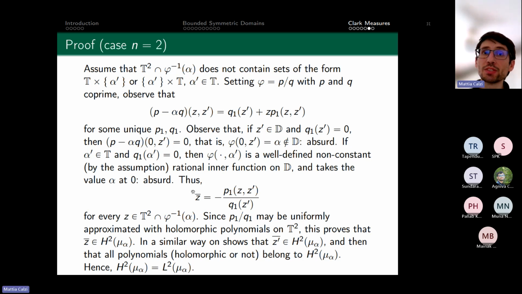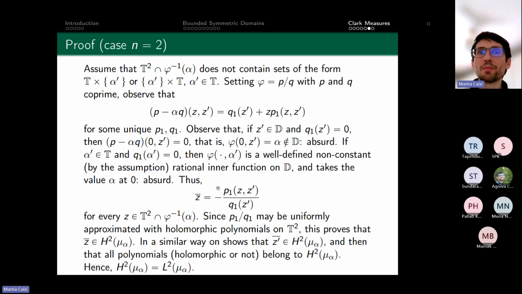And so you may approximate z bar in L2 of mu alpha. So it belongs to H2 of mu alpha, and in the same way you show that z bar prime belongs to H2 of mu alpha. And so by multiplication, since these are bounded functions, you get that all polynomials belong to H2 of mu alpha, and then by density, H2 of mu alpha is equal to L2 of mu alpha.